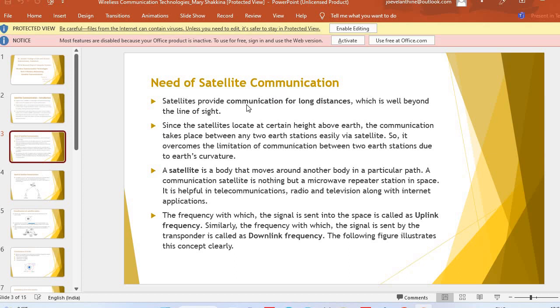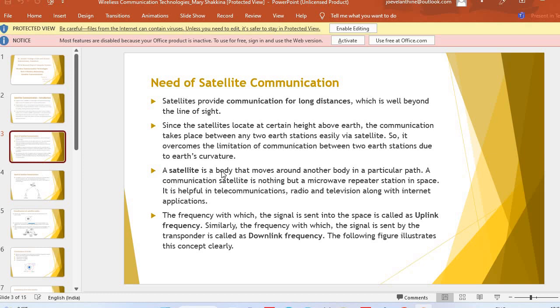Since satellites are located at a certain height above Earth, communication takes place between any two Earth stations easily through the satellite. So, it overcomes the limitation of communication between two Earth stations due to Earth's curvature.